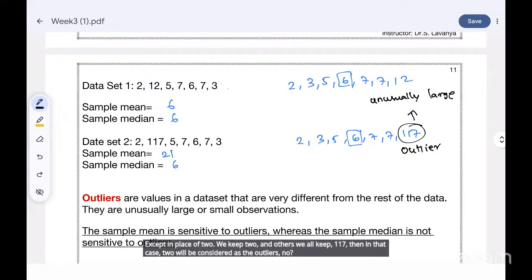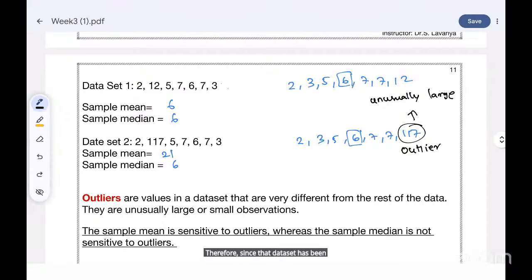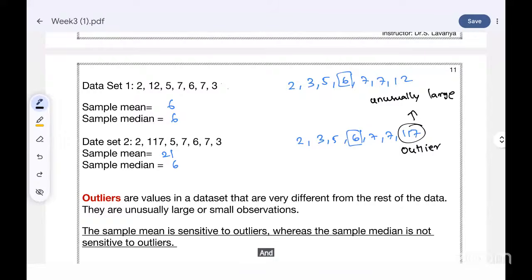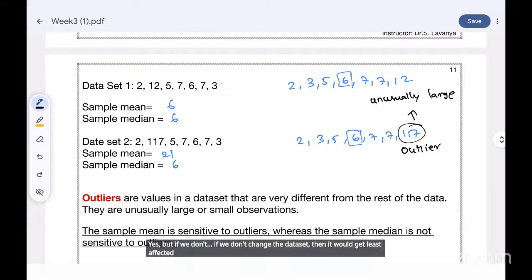Therefore, since that data set has been changed, the mode is getting changed. If we don't change the data set, it would get least affected because 117 is an outlier and its mode cannot be very large, like that of 7.